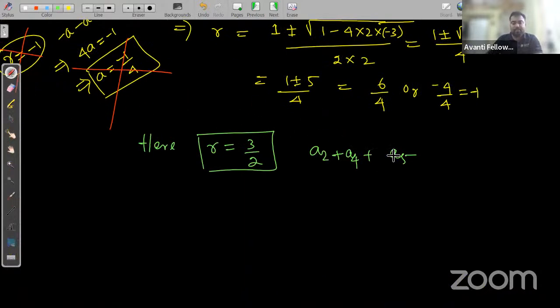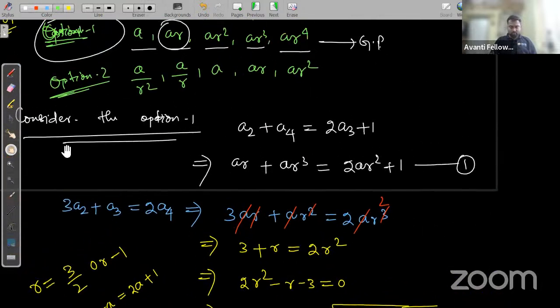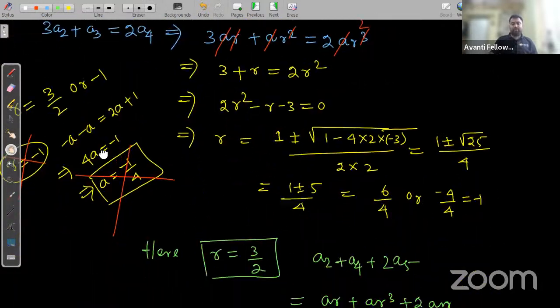Yes. So, chalo. A2 is AR. A4 is AR cube. Plus 2 into A5, and A5 is A R to the power 4. Sorry.